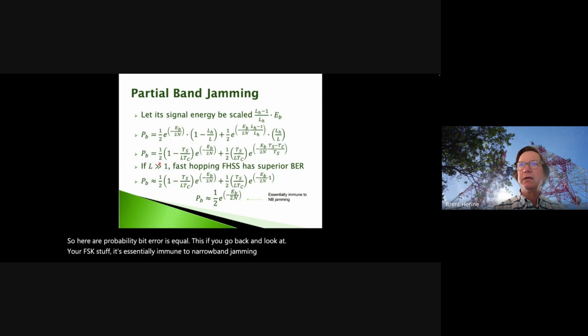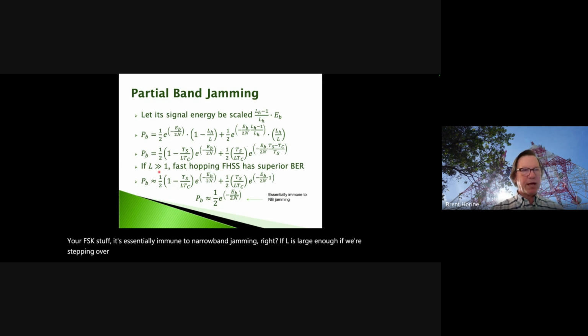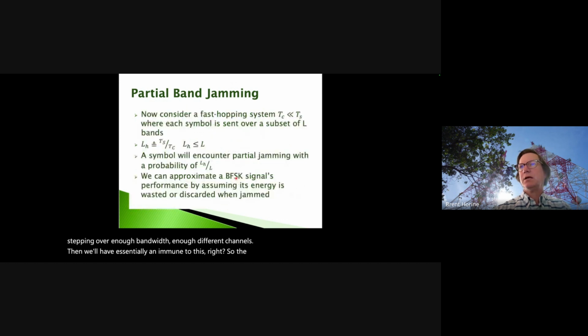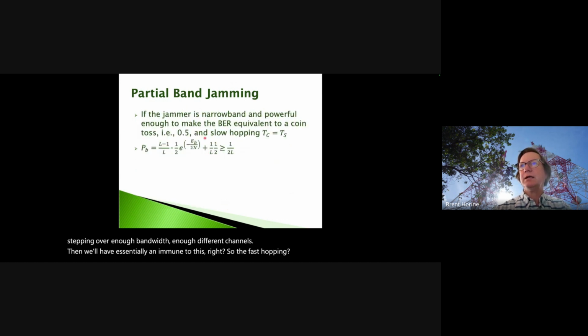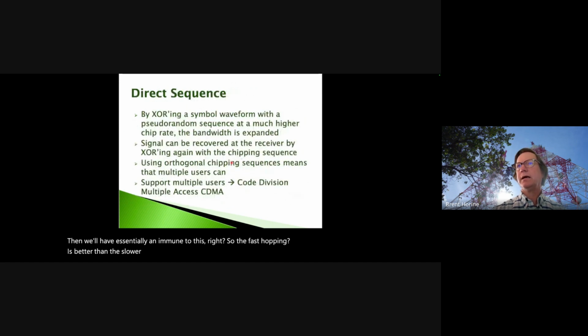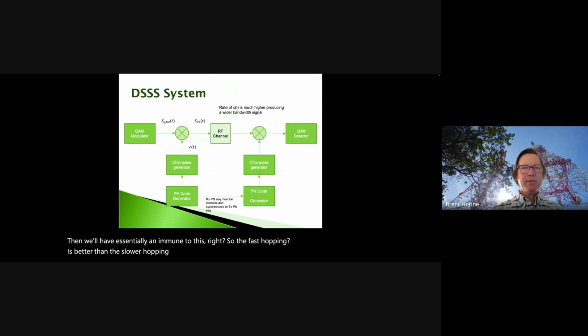If L is large enough, if we're stepping over enough bandwidth, enough different channels, then we'll be essentially immune to this. So fast hopping is better than slower hopping.